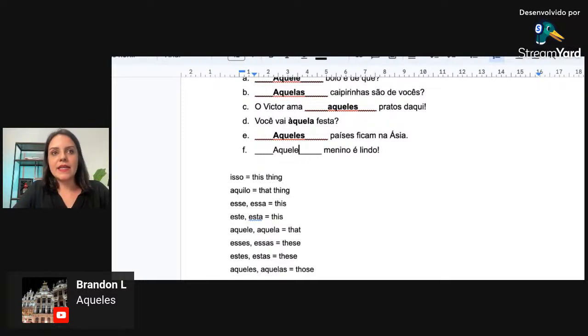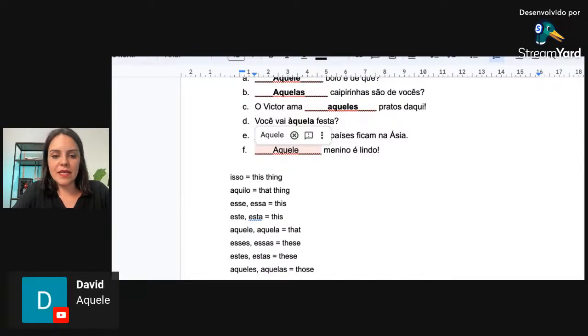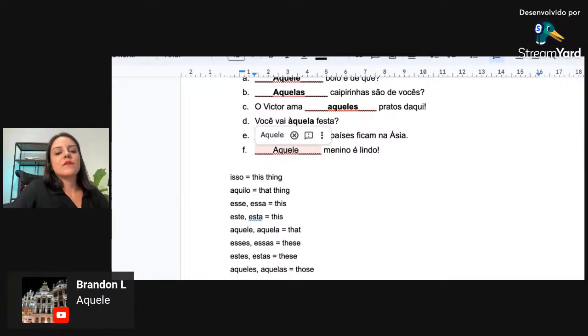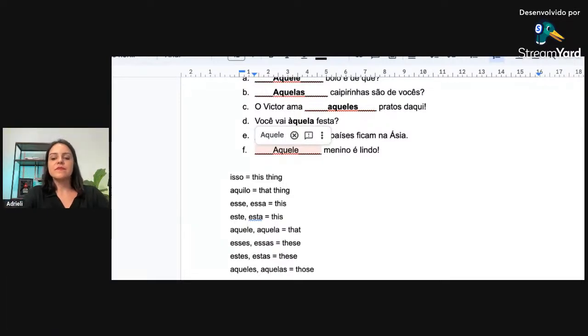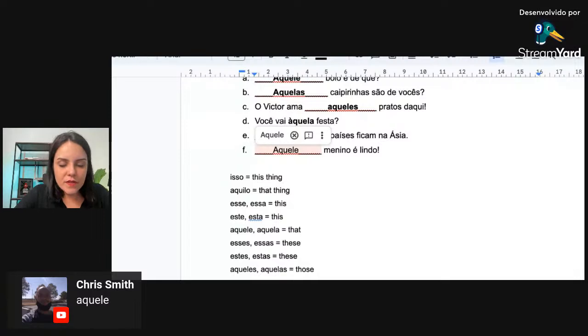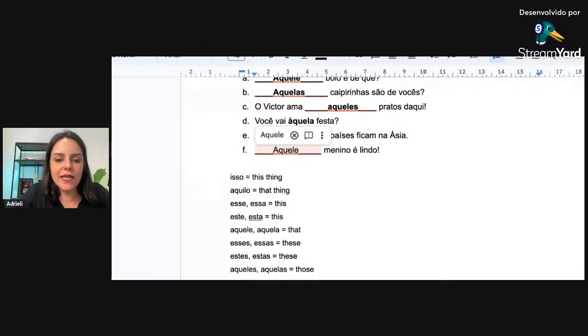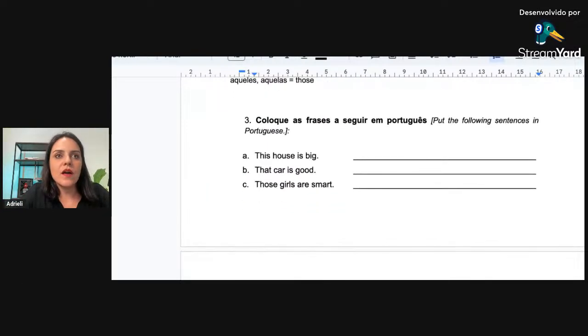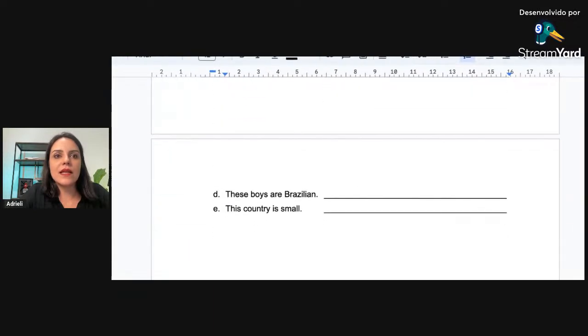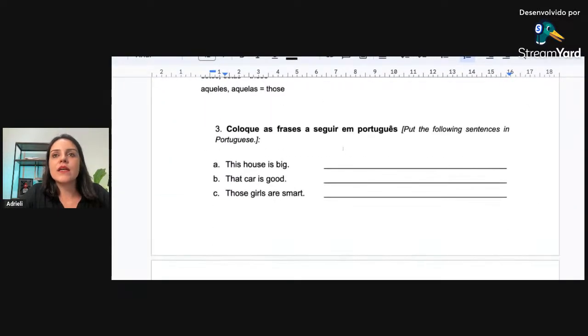We're gonna add aquele menino. Aquele menino. That boy. Not it. Ok, aquele. Very good. Muito bem. Perfect. Hello, Chris. Very well. Muito bom, galera. Okay, so now our last exercise. I want you guys to try to translate these sentences to Portuguese.